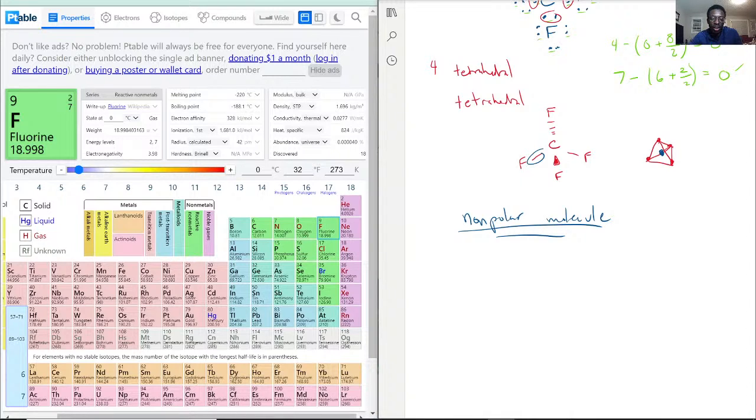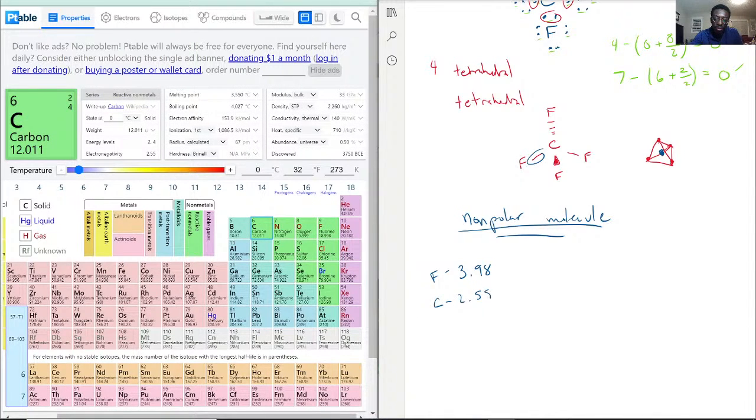So fluorine is quite electronegative. It has 3.98 for its electronegativity. Carbon is a lot less. It has 2.55. So if we subtract these, 3.98 minus 2.55, the difference, which is 1.43, tells us what type of bond it is, whether it's polar or non-polar.